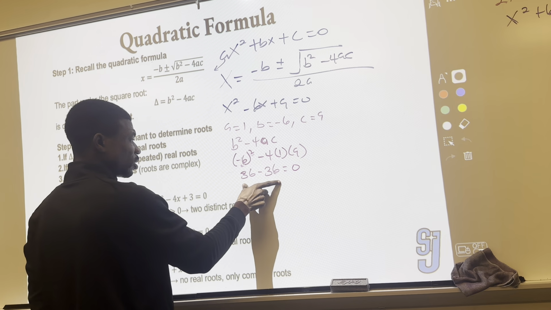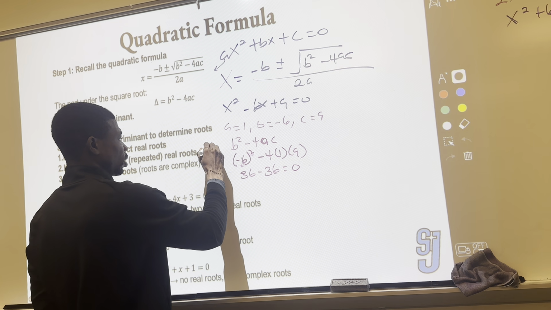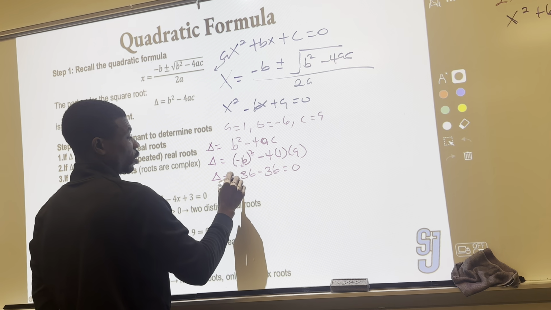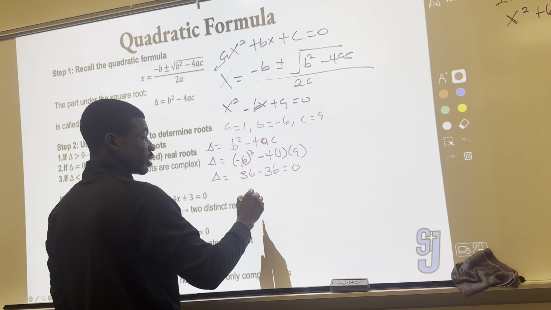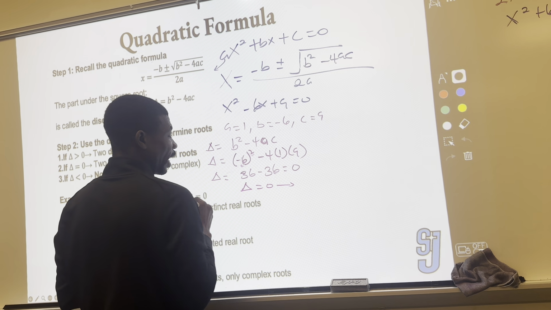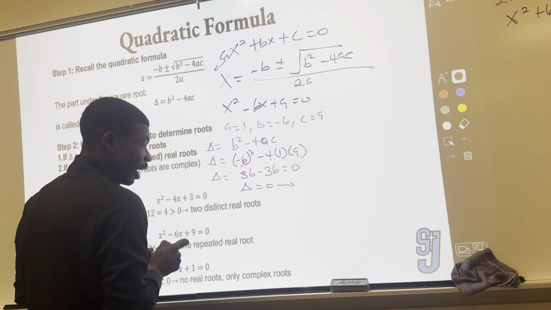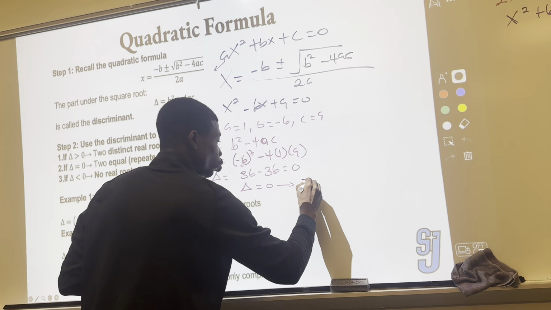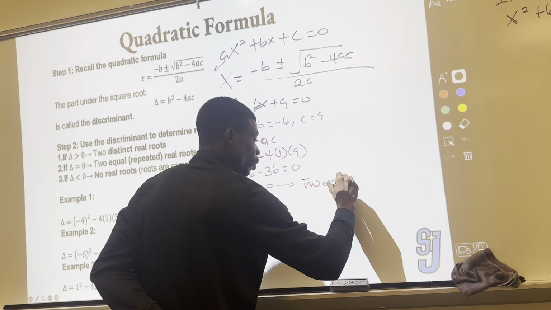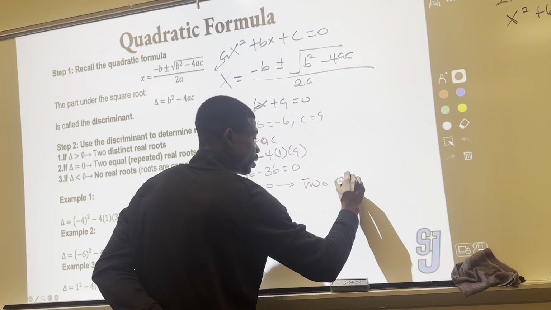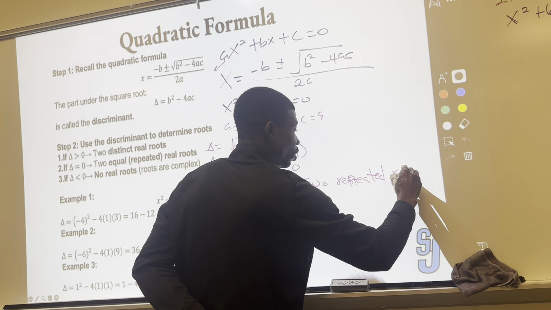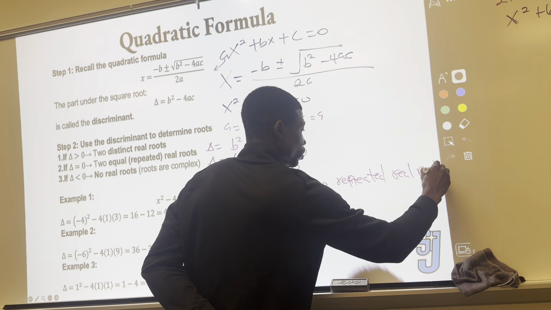Now, because the discriminant equals 0, this implies that I have 2 repeated real roots.